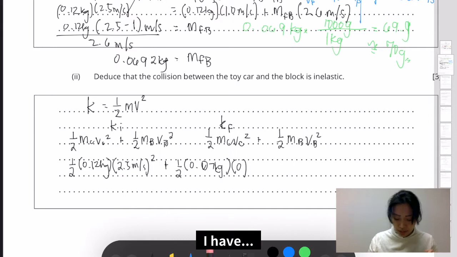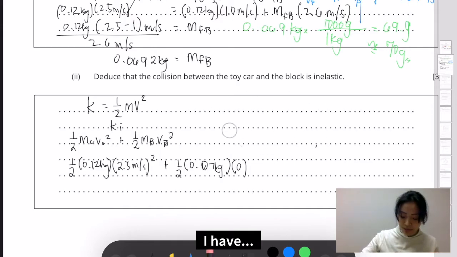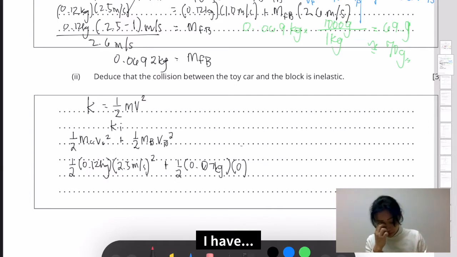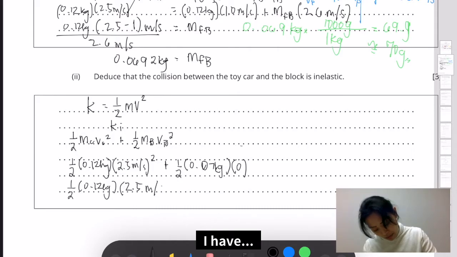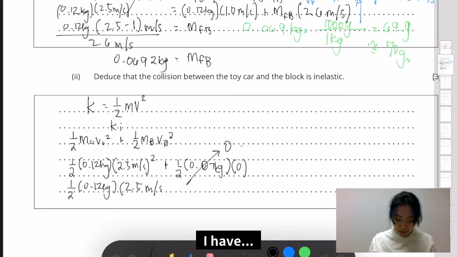Maybe I should write down the final values using a different color, so maybe I'll use red. I'll solve for them later. So now it's 1/2 times 0.12 kilograms times 2.5 meters per second squared, and the block term simplifies to 0.